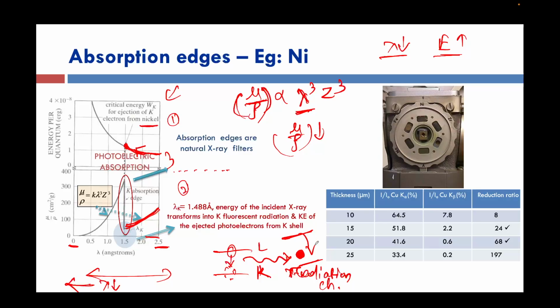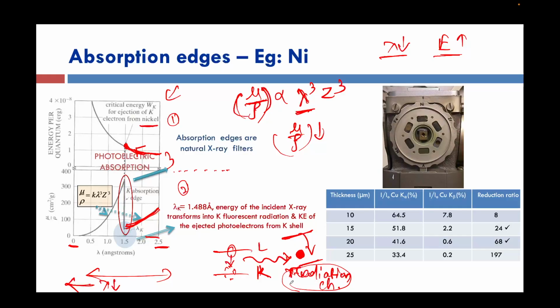So similarly, all these characteristic radiations, which come out as a result of the jump of an outer cell electron to an inner cell electron, are not coming out; they are continuously knocking out other electrons which are staying inside the material.